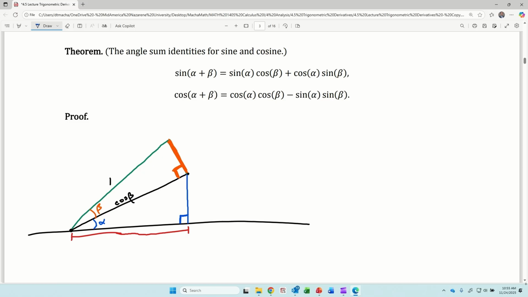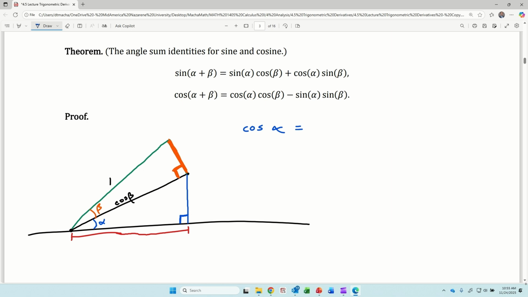Now, oh, sorry, I should have said cosine, huh? Let me think about this again. Cosine of alpha is the ratio of the adjacent side length to the hypotenuse, and the adjacent side length is what I'm trying to find here in red.